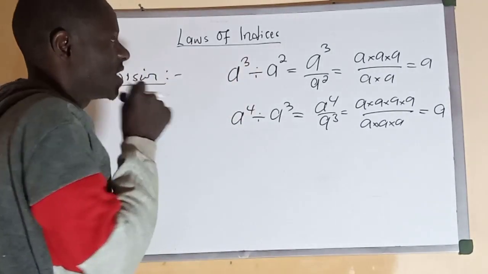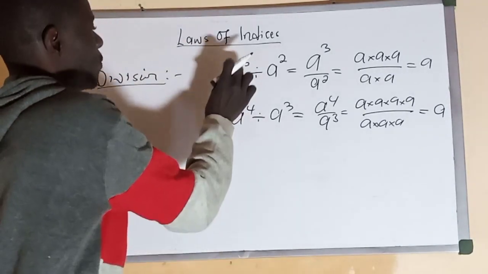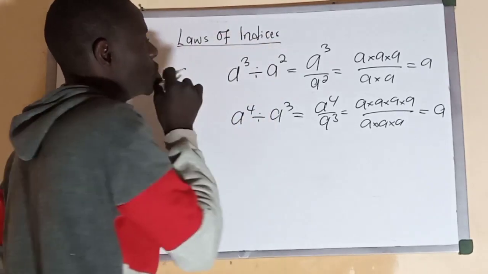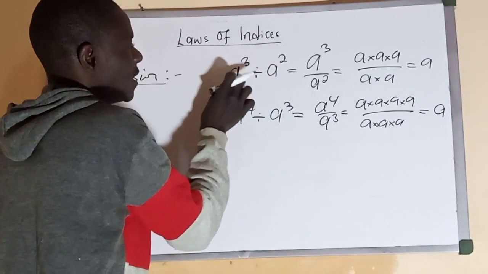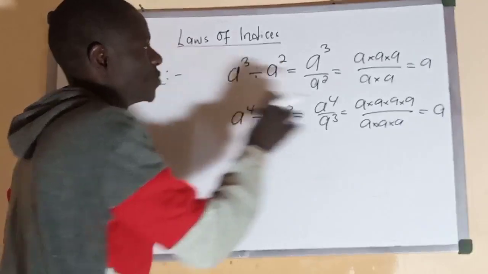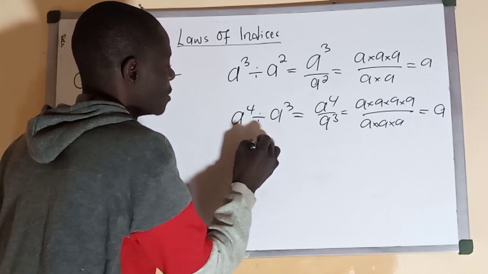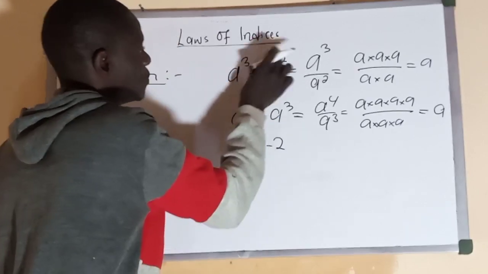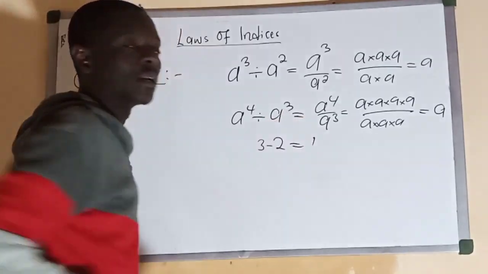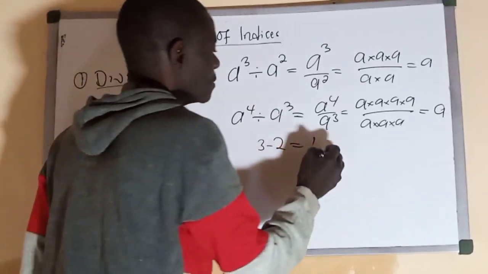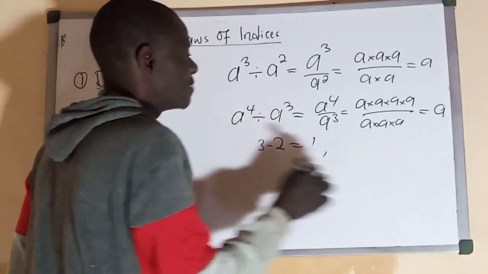So let us consider the relationship between these powers. We have this 3 and we have this 2. When we divide a power 3 by a power 2, we are going to have a. That means if we subtract 2 from this 3, we are going to have 1. The same applies to this one. We have 4 here, we have 3.